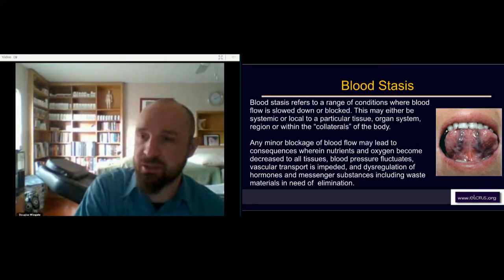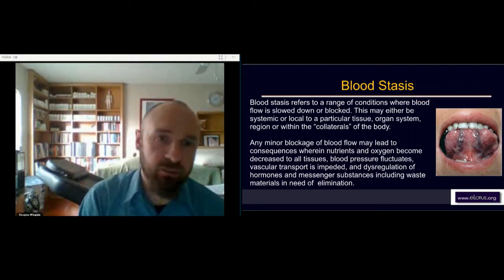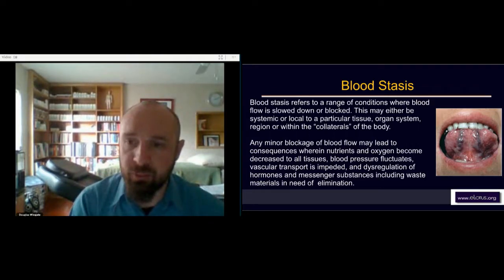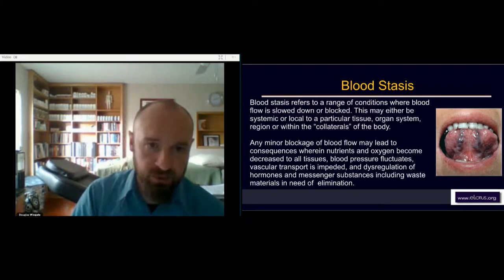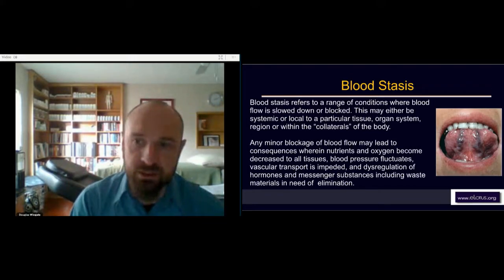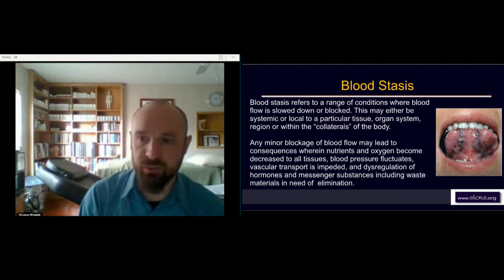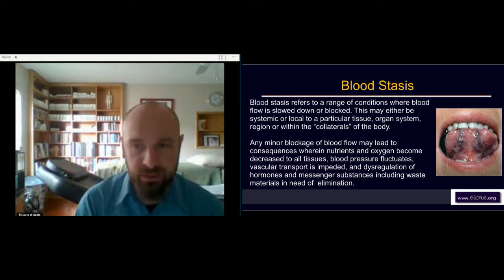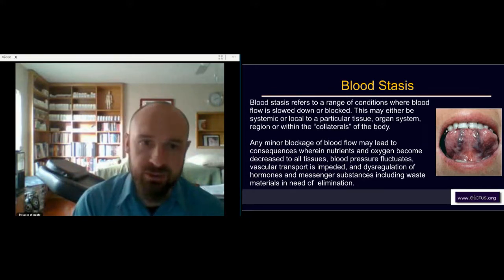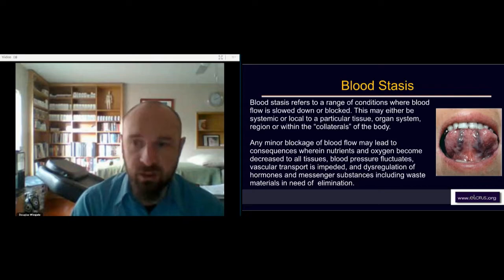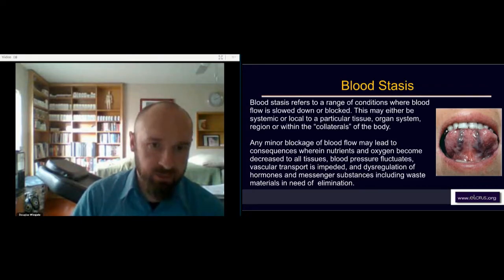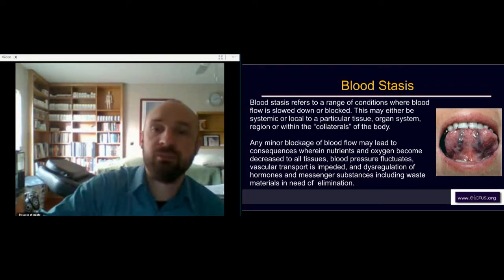As well as the elimination of waste materials, which is a particular component if the brain has been affected. And as we talked about, the brain is described as the cleanest organ, the organ which needs to remain the cleanest. As a result, anything that does get in there needs to be flushed out and taken care of.